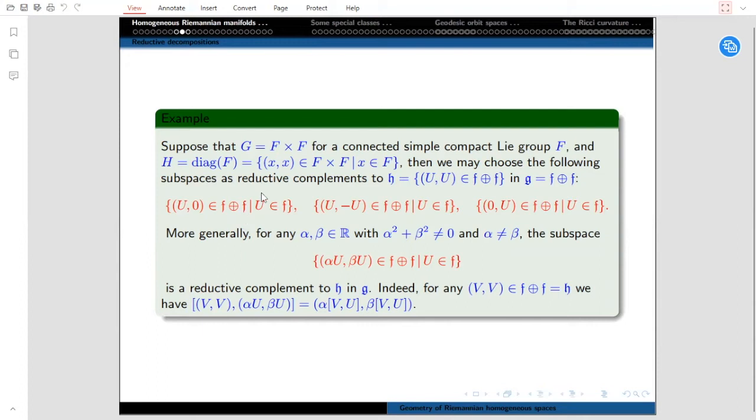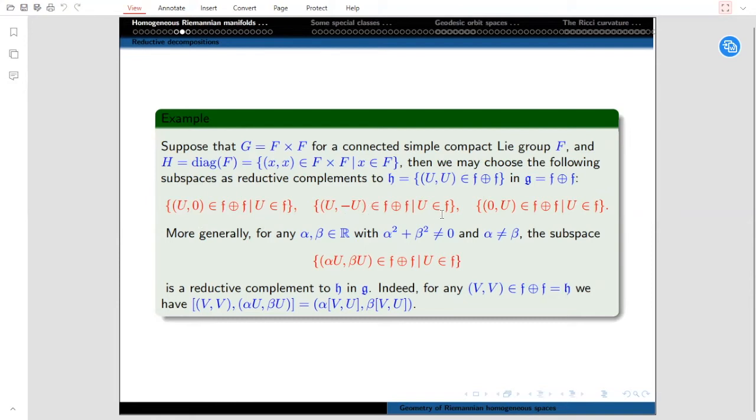And we easily check that this is a real reductive complement, because if we have some element of this type and some element of this type, then its bracket should be an element of this type, of course. But you can take also this subspace as a reductive complement. Why not?